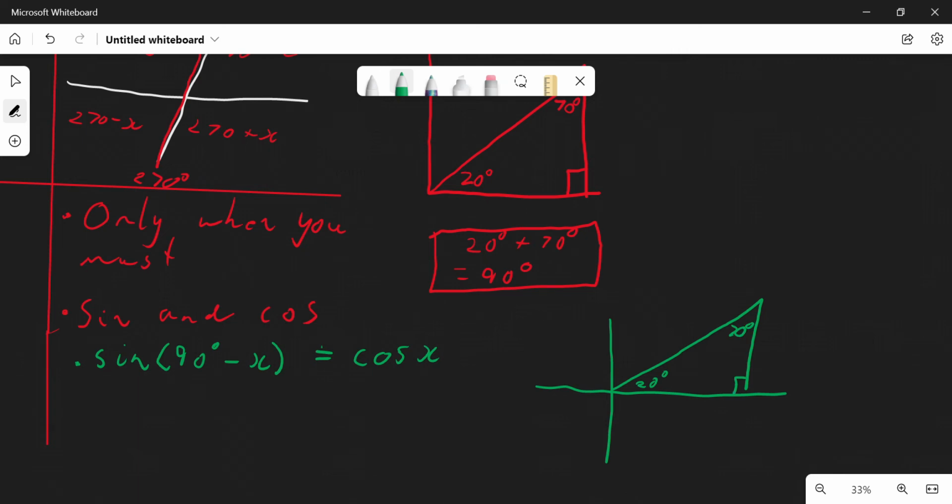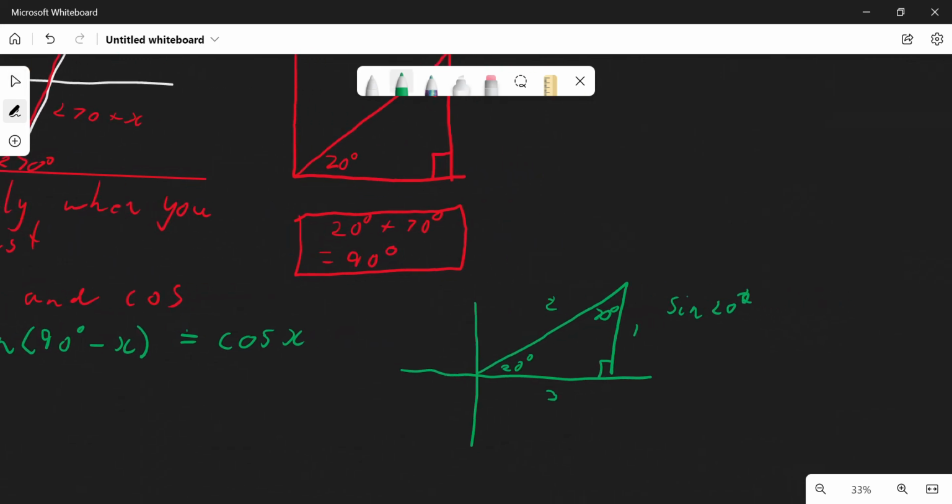If you add all of these, they equal 180. So sine 20 degrees will equal 1 over 2.